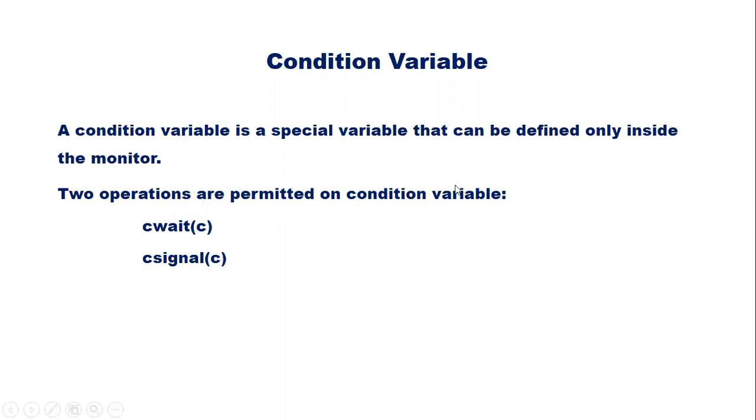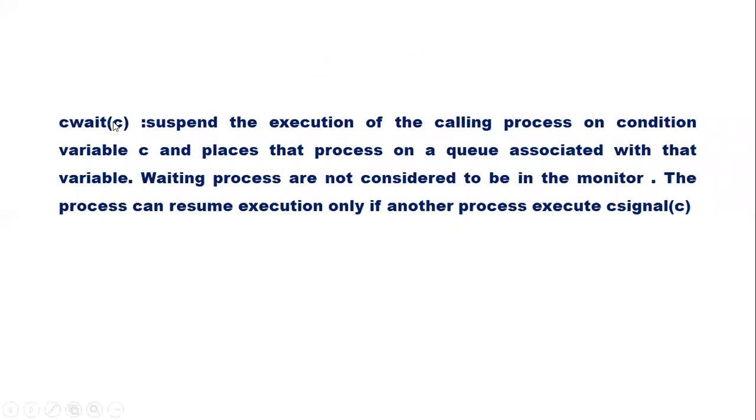Two operations are permitted on a condition variable, that means cwait and csignal. cwait means suspend the execution of the calling process on the condition variable C and place that process on a queue associated with that variable. So whichever process calls this cwait function will be suspended and put into a queue associated with the variable C. Waiting processes are not considered to be inside the monitor.